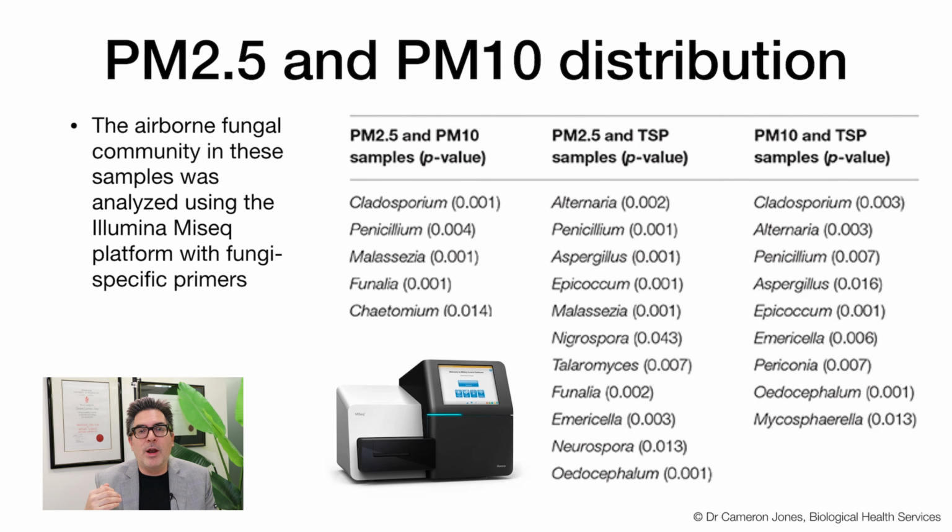And again, I've taken one of their tables out to show the combination of fungi found in the PM2.5 and PM10 samples. You can actually see that there is some overlap with the different types of fungi, but also some selectivity as well. Certain fungal spores particularly have different sizes, and you would expect them to be present in the different size fractions.